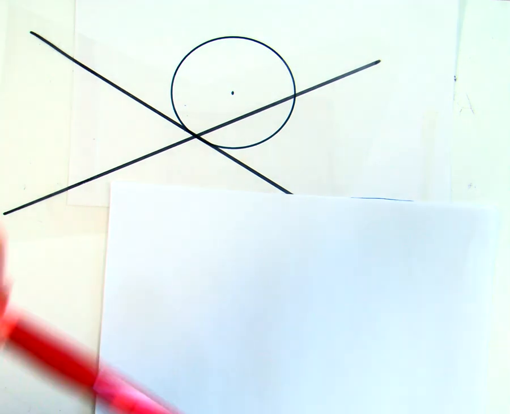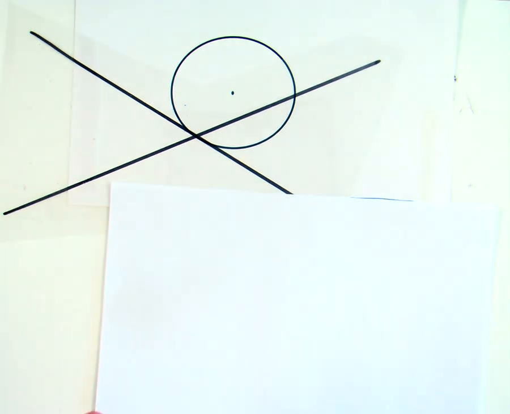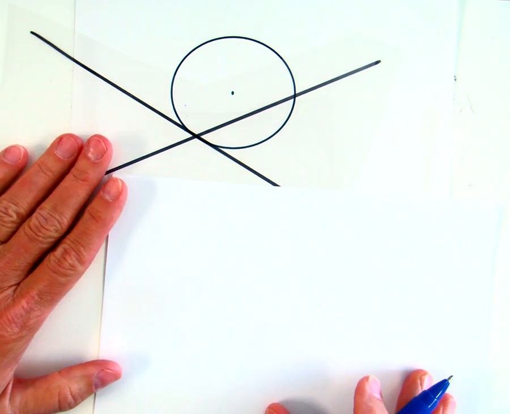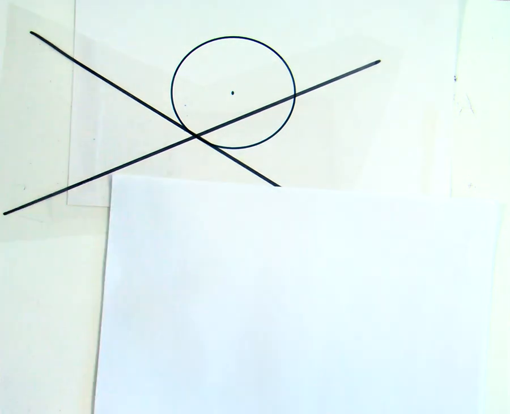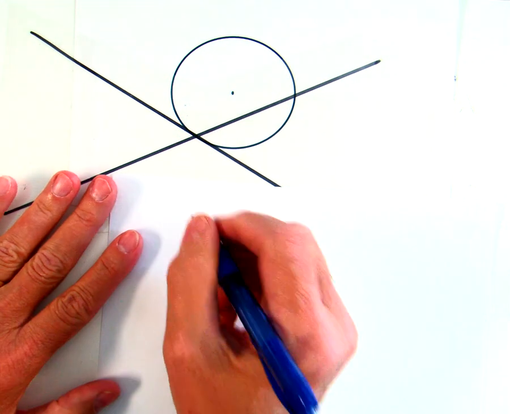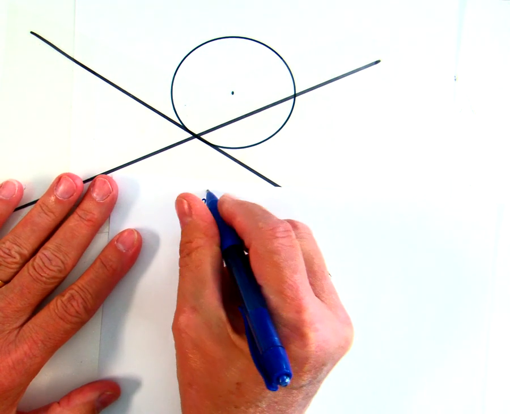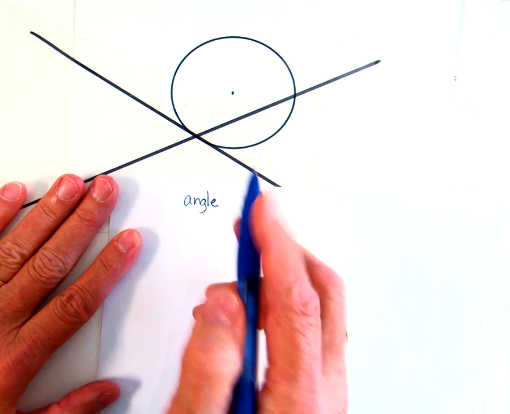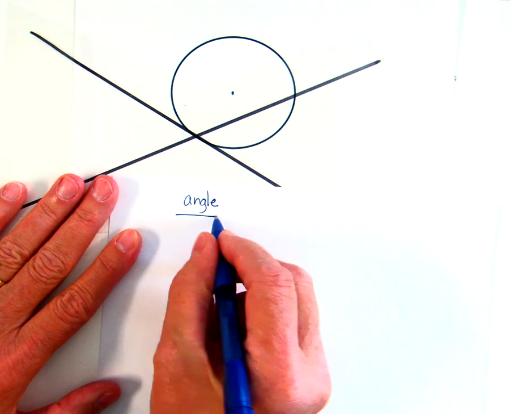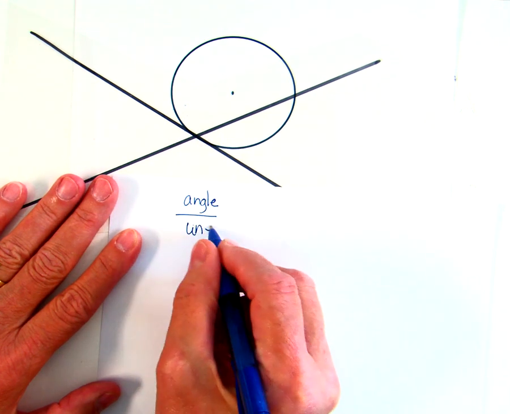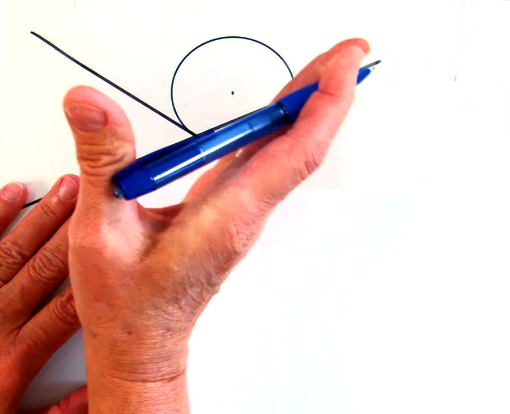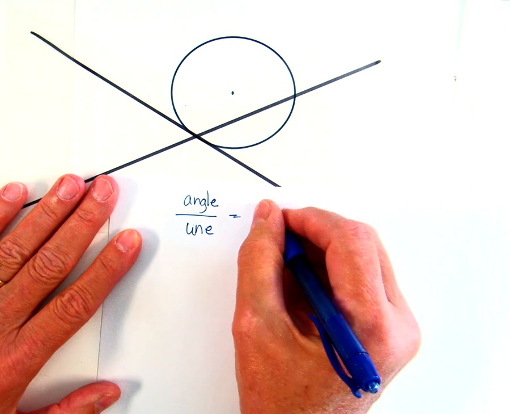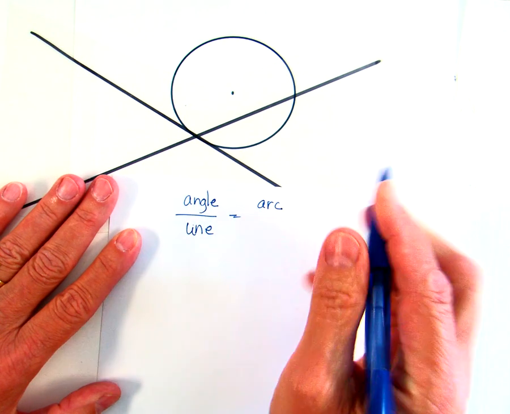Since it's round and since the line is straight, we have relationships that remain. So we can do a little relationship here that says the angle measure, with the secant and the tangent, is to the line, the whole line, how far it moves, as the arc measure is to the entire circle.